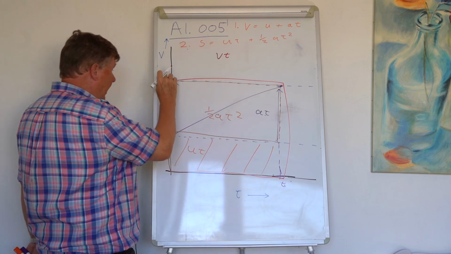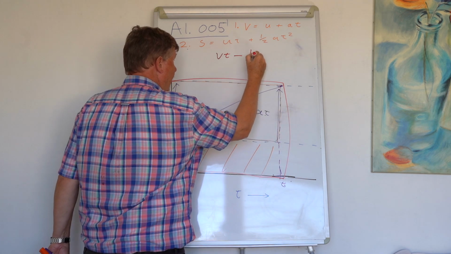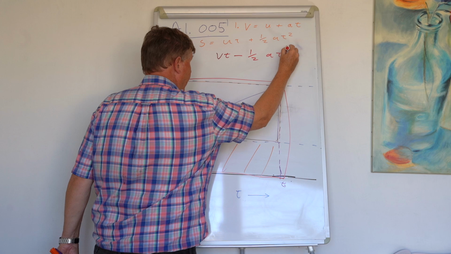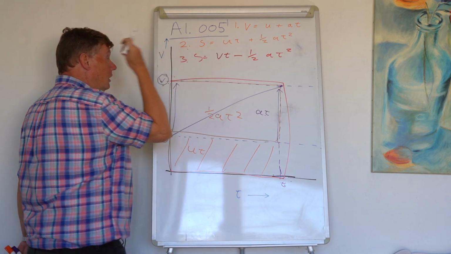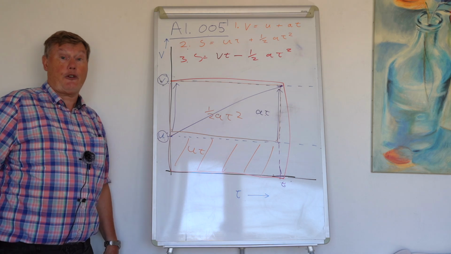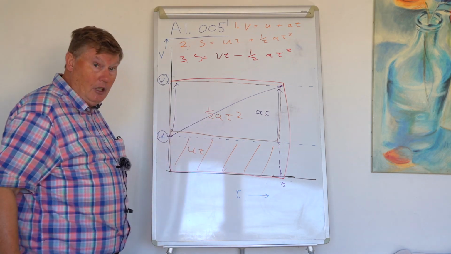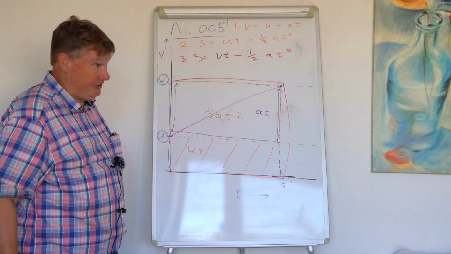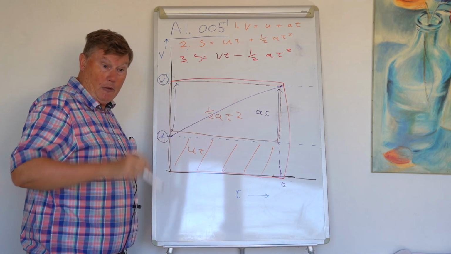So it's v times t, take away half at squared, and that is what I call equation of motion number 3. And I think it's important because this one doesn't contain u, it contains v in its place. That's not in the book, but it used to be one of the 5 that we used to teach.